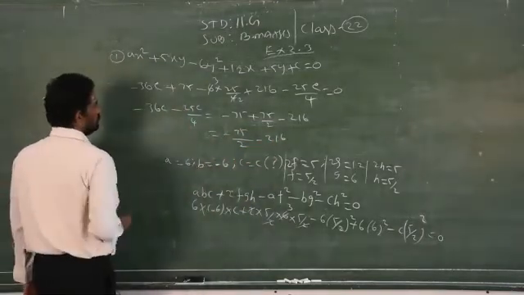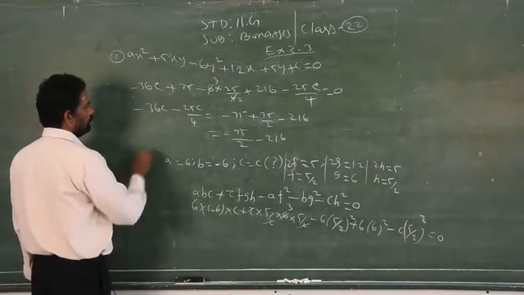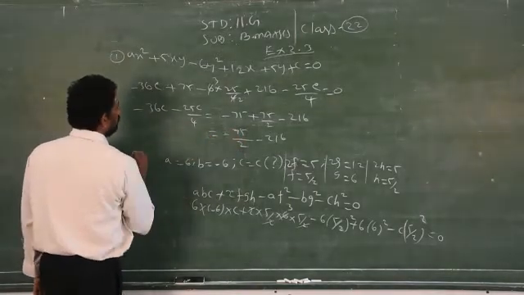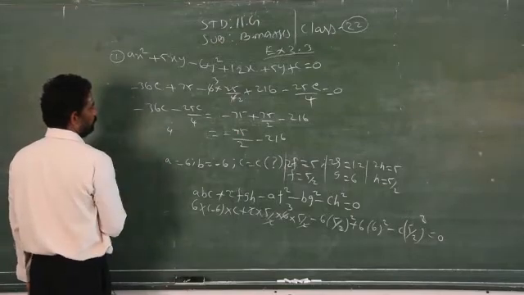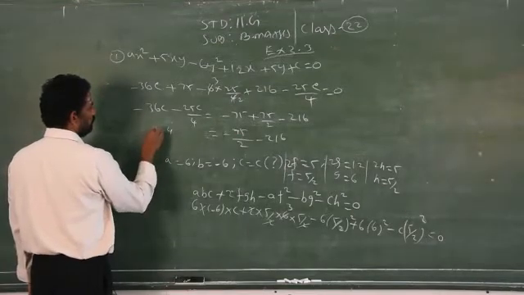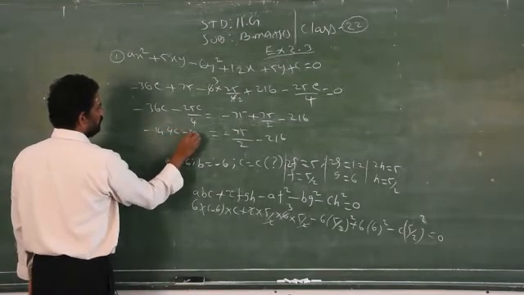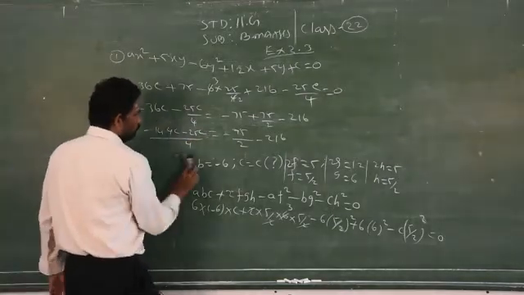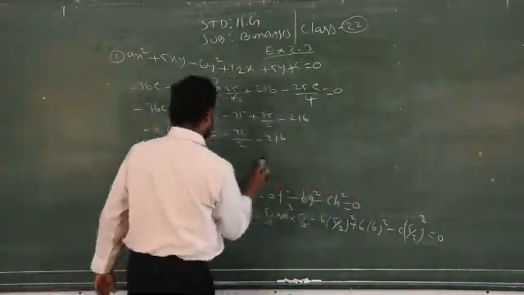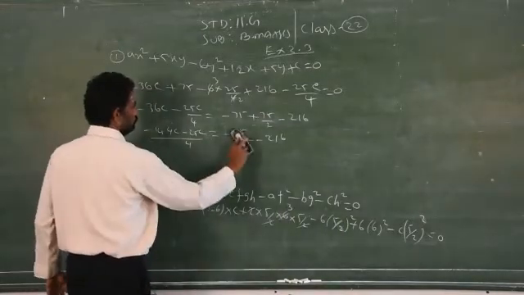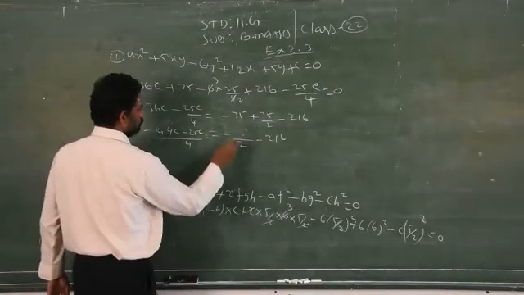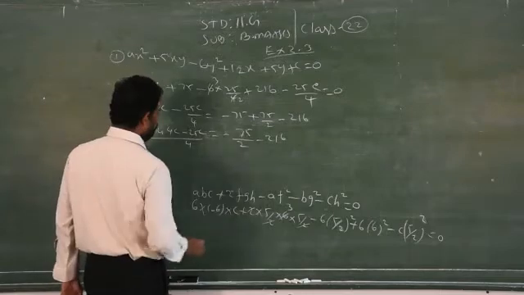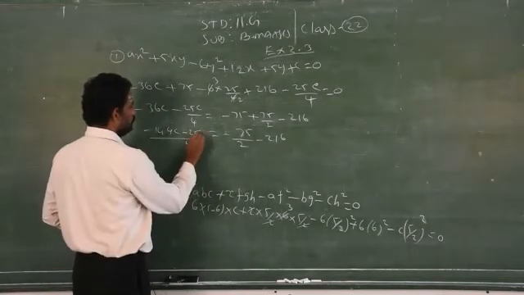Here cross multiply. 4 6s are 24, remainder 2, 144c minus 25c by 4. So you can simplify. After that, it is very simple.